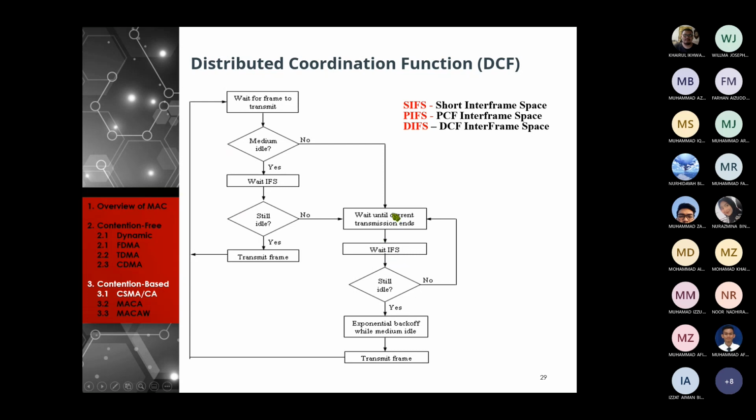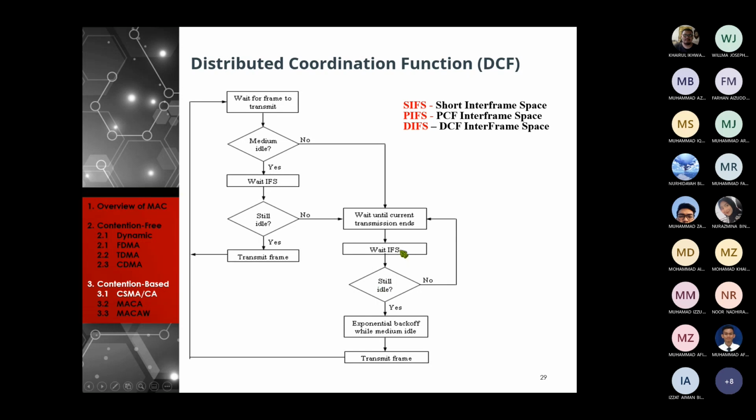Macam mana kalau tak ada? Wait until current transmission end. So maksudnya dia kena tunggulah. Okay, dia kena tunggu. Dia tak adalah yes or no kan. Dia terus tunggu.